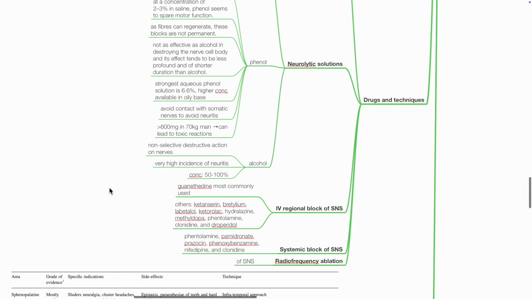Other options include ketanserin, bretylium, labetalol, ketorolac, hydralazine, methyldopa, phentolamine, clonidine, and droperidol. Systemic block of sympathetic nervous system can be used with phentolamine, pamidronate, prazosin, phenoxybenzamine, nifedipine, and clonidine. Radiofrequency technique may be used to ablate parts of the sympathetic nervous system.